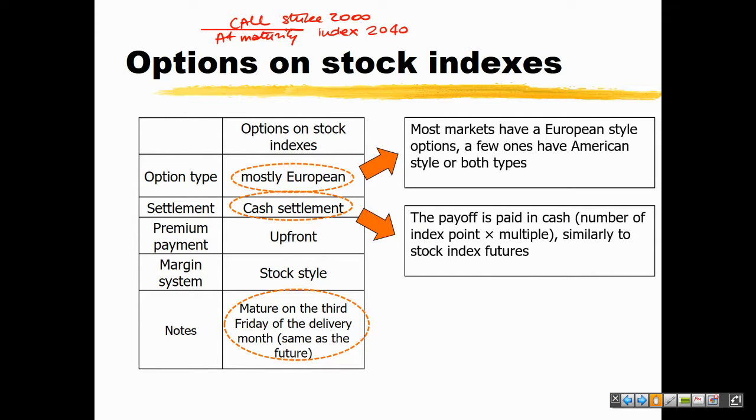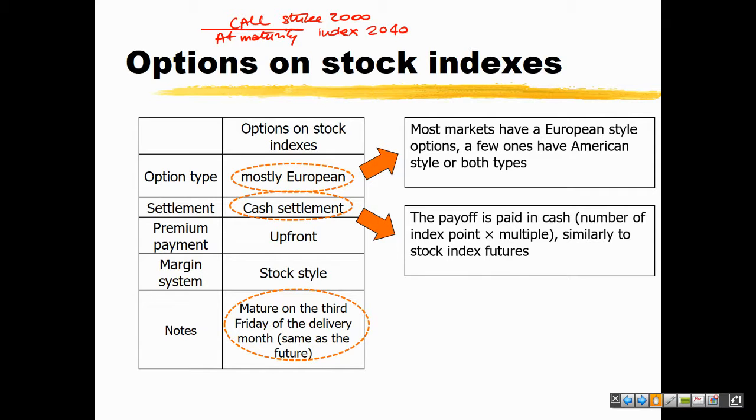Would you exercise the option at maturity, yes or no? You have the chance to buy at 2000 something which is worth 2040. Clearly, you do exercise the option, okay? If this were a stock, you would be making 40.